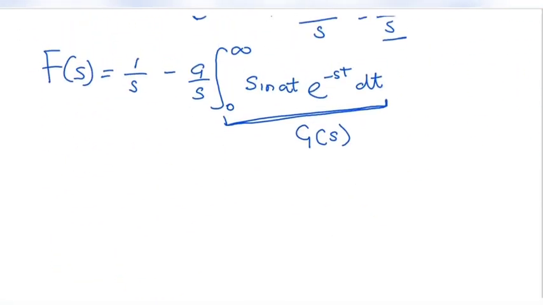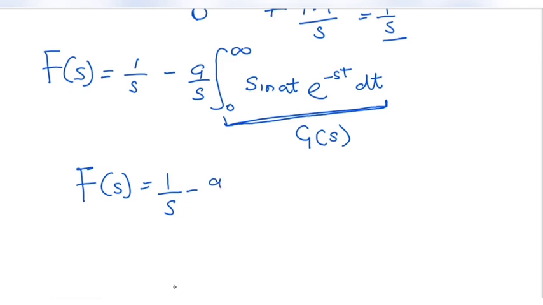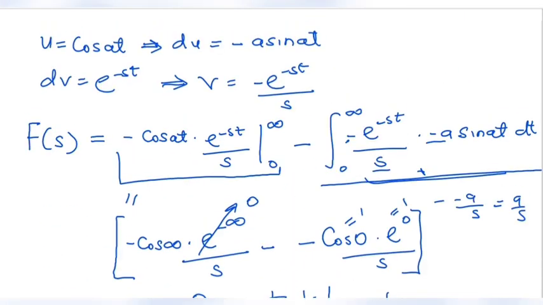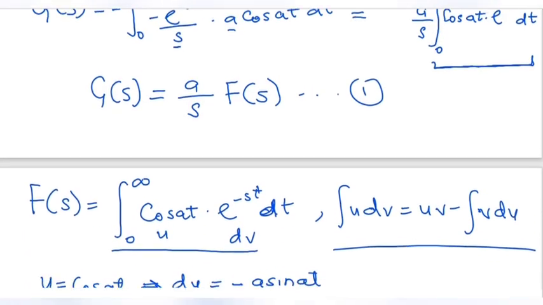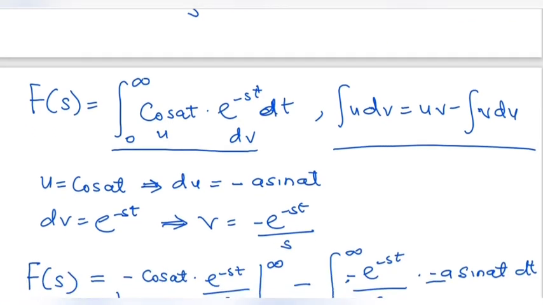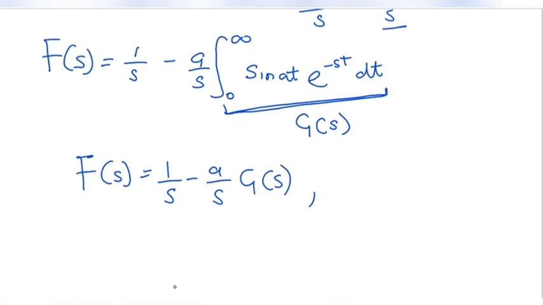So with that being said, we found that our f of x is 1 over x minus a over x g of x. And we already found earlier that our g of x in equation 1 is a over x f of x. And we can just do a simple substitution here.